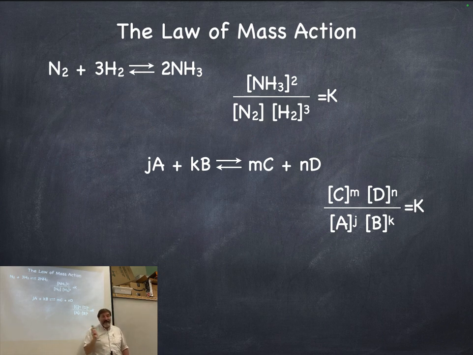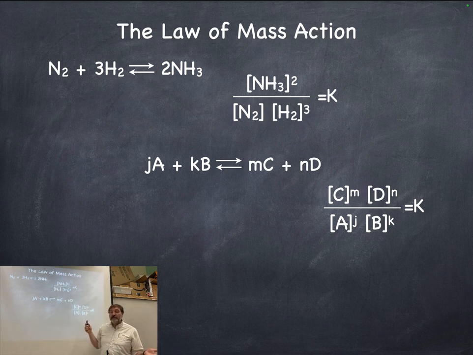All right? Now, a couple of ways that we can calculate K. On tests and things like that, we generally don't see, hey, start from kinetics and figure out what the K value is. That is doable, but it's not common at this level. What we typically see is they will give you the concentrations.